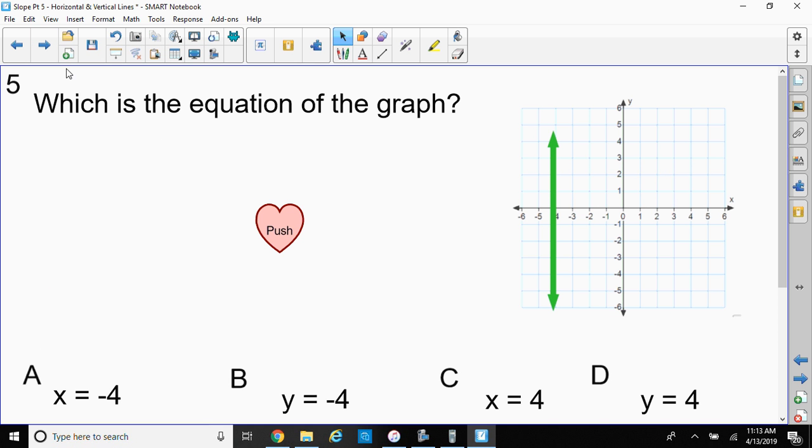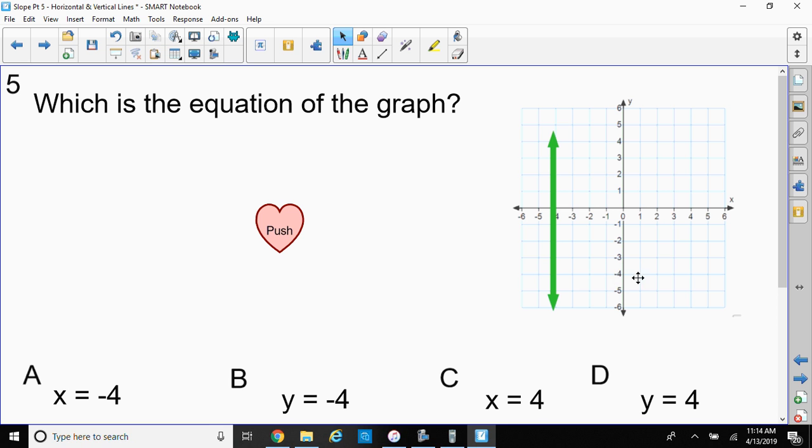So here's a different question. Which is the equation of this graph? Well, I notice it's parallel to the y-axis, and x is always going to be -4. So it can't be y equal -4, because y equal -4 would be down there.